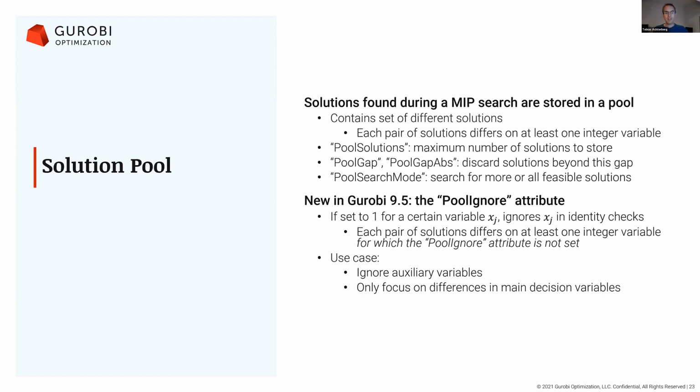So why would you use this? Well, the typical use case is that in your model of your real-world problem, you have introduced a set of auxiliary variables that you're actually not interested in. These are just helper variables that you need to create a linear model for some nonlinear constraints. So for example, if you have an indicator constraint, then you typically introduce an auxiliary binary variable to control that indicator constraint, but in the final solution, you are not interested in that binary variable.